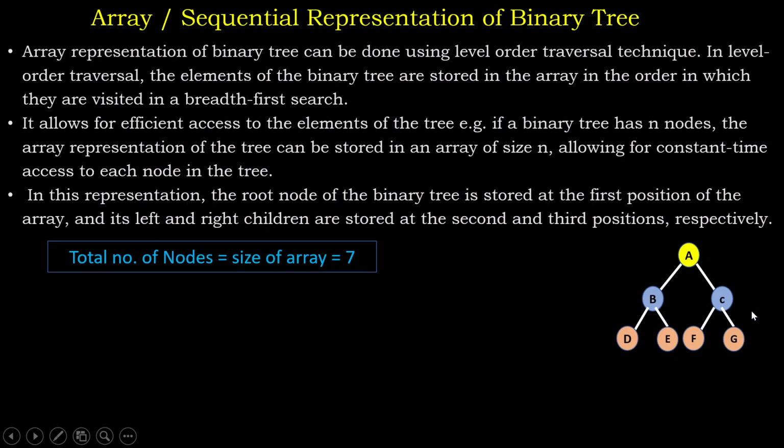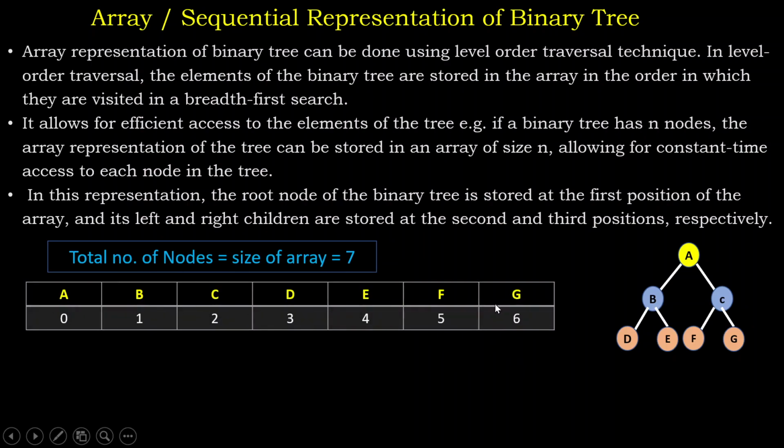So here the total number of nodes is 7, so the size of the array is also 7. The size equals the number of nodes, n. But in an array, of course, the indexes start from 0 to 6.